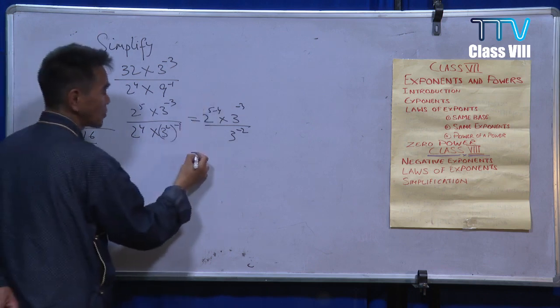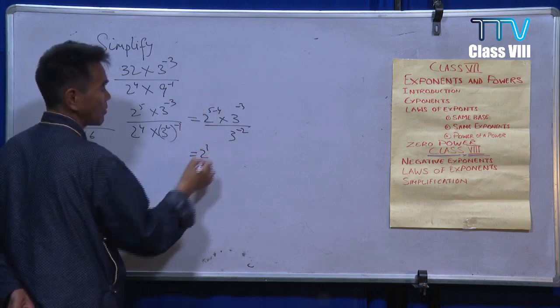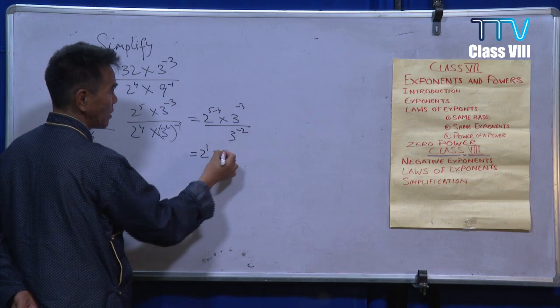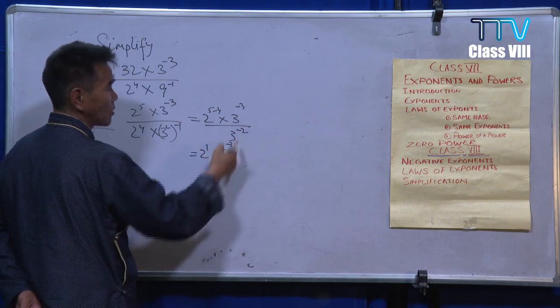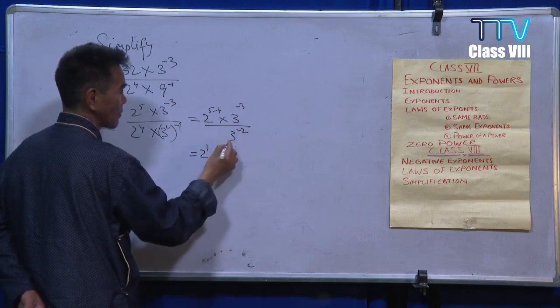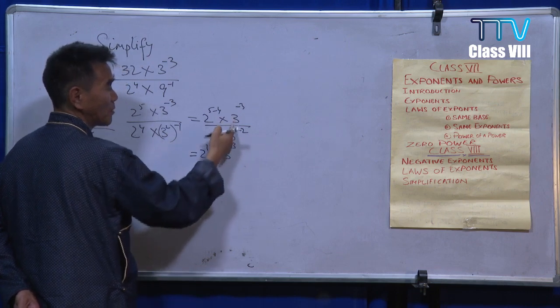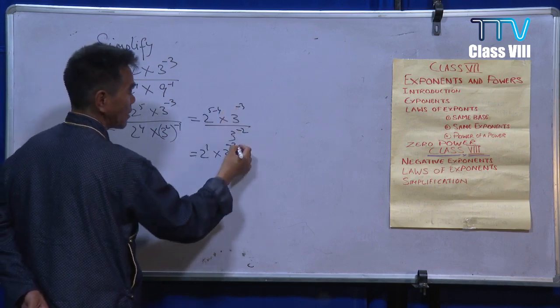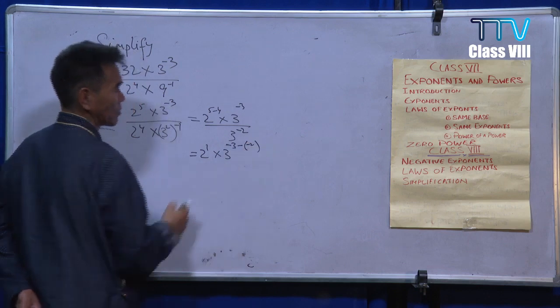Then 2 to power 5 multiplied by 3 to power negative 2, divided by 2 to power 4 and 3 to power negative 3. The basic rule for division: subtract the powers, so 5 minus 4, and negative 2 minus negative 3.